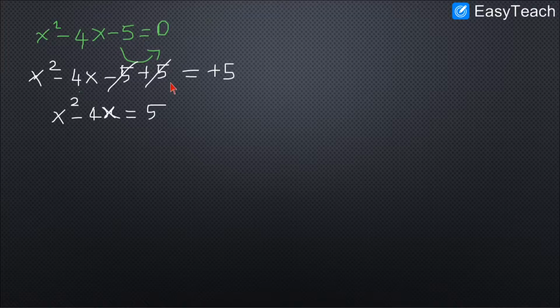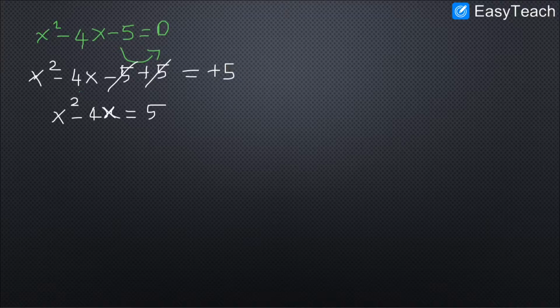What I have done here is, in order to eliminate the minus 5 and make it 0, I add with a positive sign, because it is a negative sign, so then it will become 0. In the equation, whatever operations we apply to one side are supposed to be performed on the other side also.